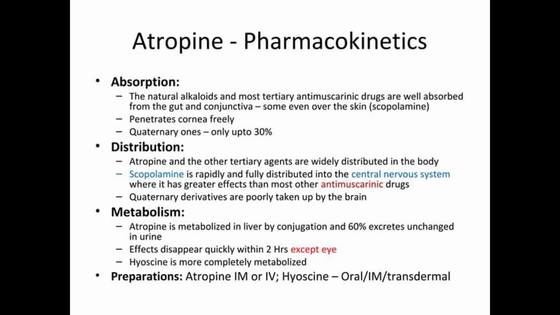Scopolamine is distributed in the CNS, and it has a greater action there than any other antimuscarinic drug. Metabolism is in the liver by conjugation, and 60% is excreted unchanged. Effects disappear quickly within 2 days, except in the eye. Preparations are intramuscular, intravenous, oral, transdermal. In fact, in my clinical practice I have given subcutaneous atropine before surgery.